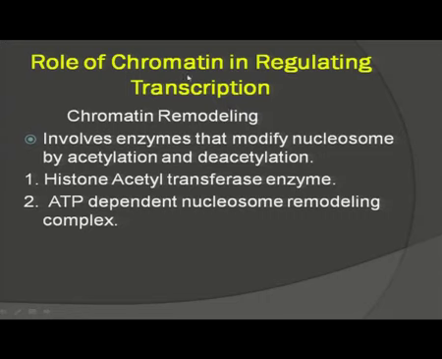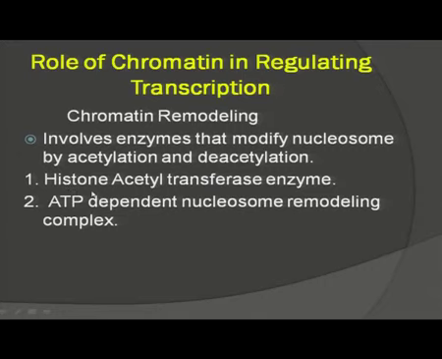As we know, eukaryotes have histone octamers in which the DNA is wrapped. So, what happens to these histone octamers during transcription? These histone octamers are removed, and this removal is controlled by two different enzymes.